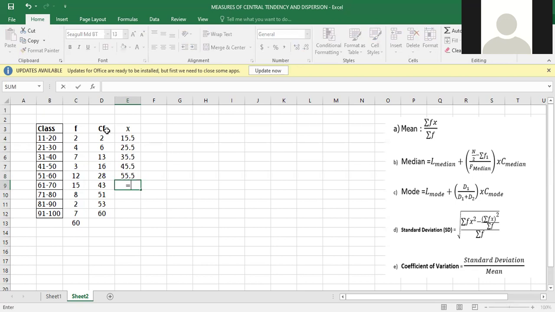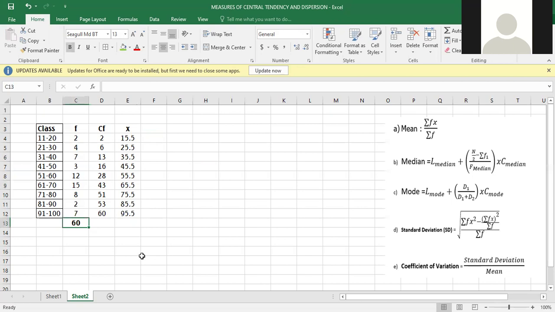This one will be 61 plus 70 divided by 2. This one would be 71 plus 80 divided by 2. This one would be 81 plus 90 divided by 2. This one would be 91 plus 100 divided by what? Divided by 2. So we have this.